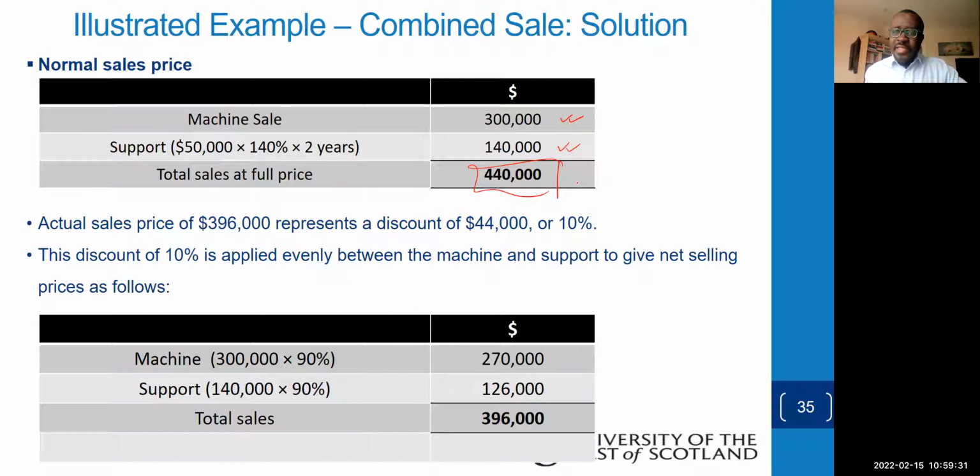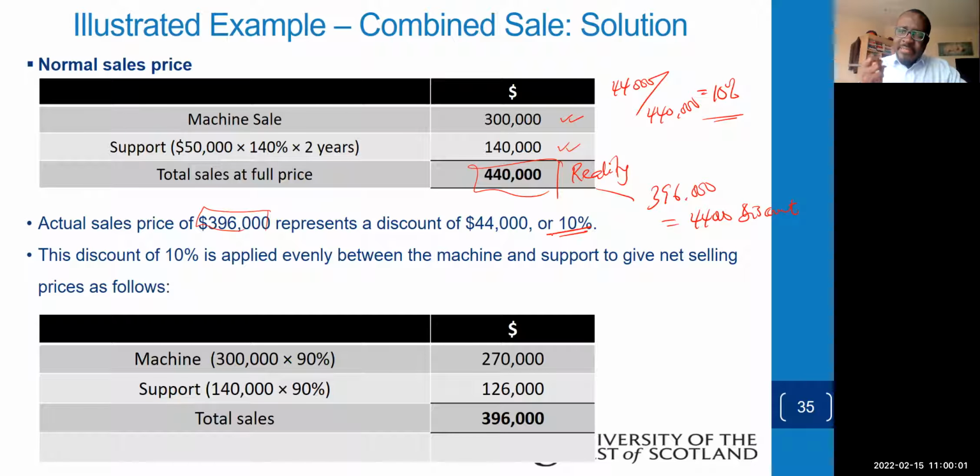This is what we should have charged him. But we gave this guy 396. So it means that 440 minus the 396, the guy has actually gained what? 44,000. It is like a discount, isn't it? So express your 44,000 as a percentage of 440,000, and it gives us 10%. So more or less, he's gotten 10% discount.